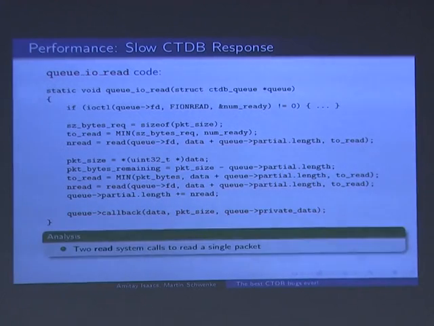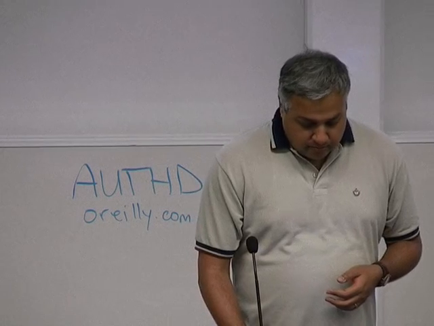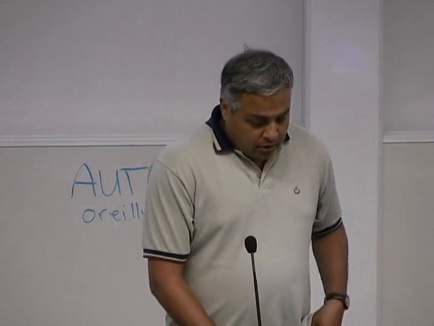So is there a problem? Yes. To read one packet, it is using 2 read system calls. That's what we see when we run strace, that it's spending too much time just trying to read the packet. So we simplify this.